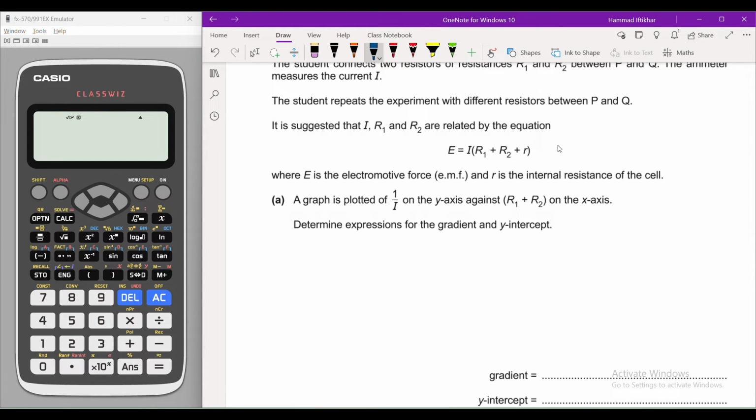Sorry, my bad. When we cross multiply, we get 1 over I equals (R1 plus R2) over E plus R over E, because we just need these two combined.